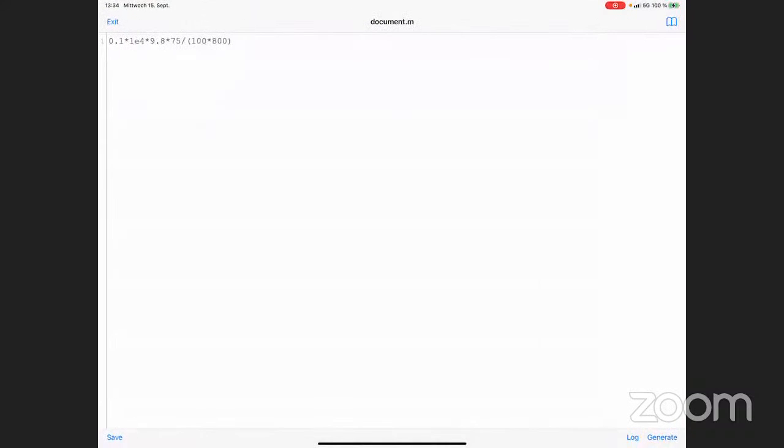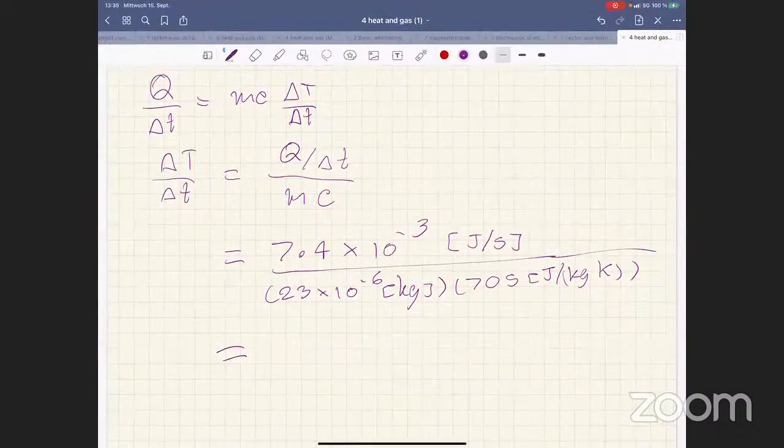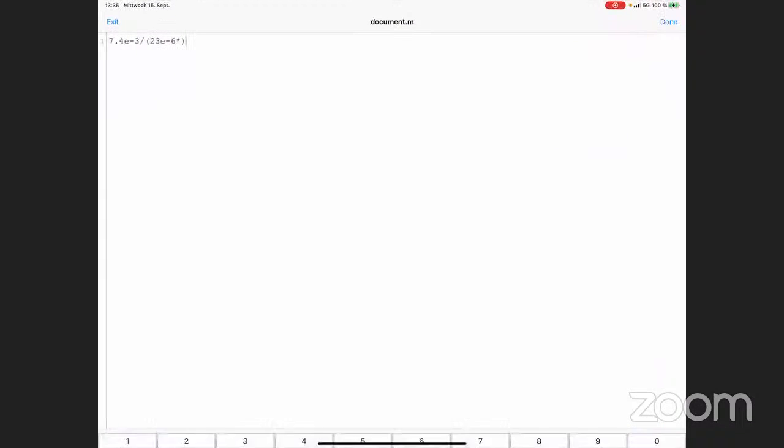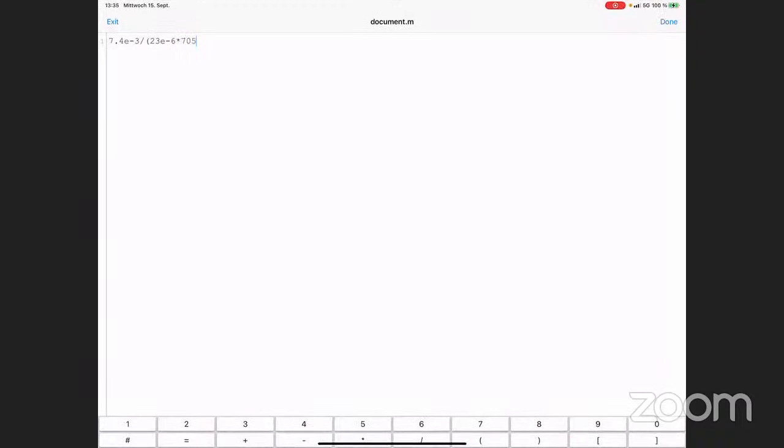So 7.4 times 10 to the minus 3, divided by the mass, which is 23 times 10 to the minus 6, and the specific heat, 705.